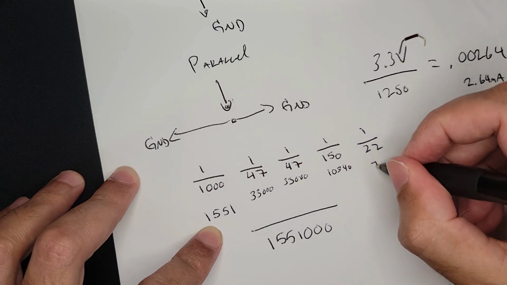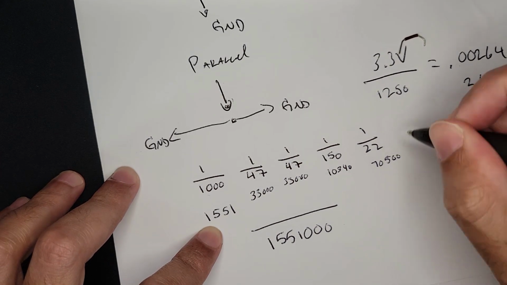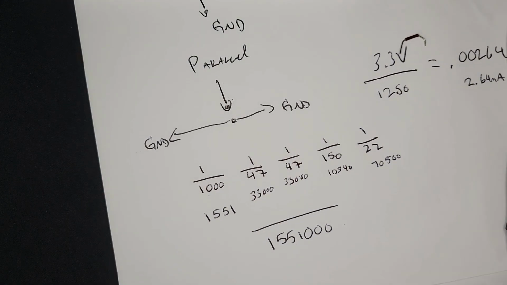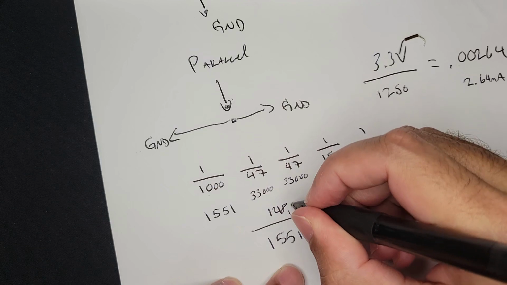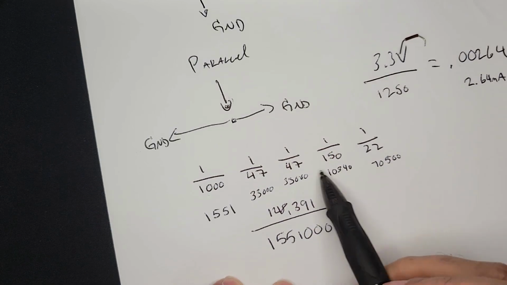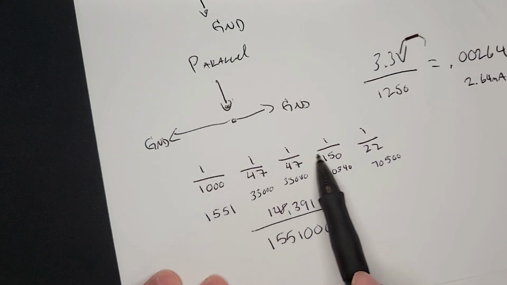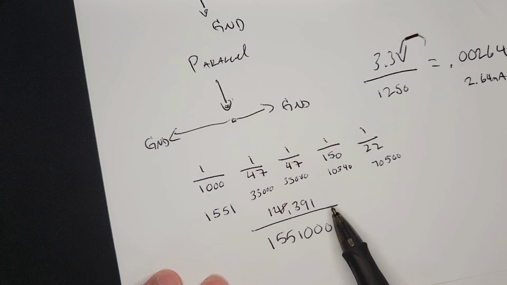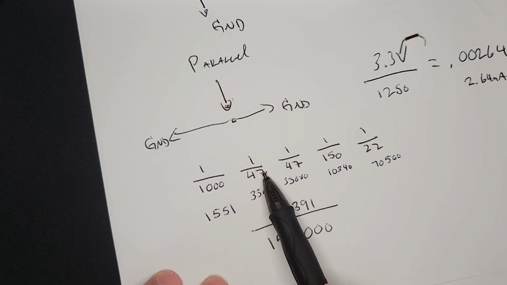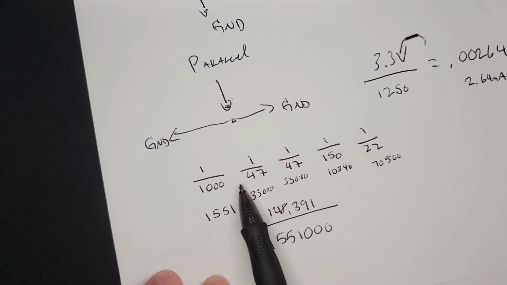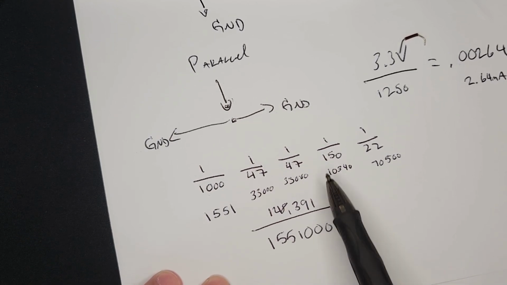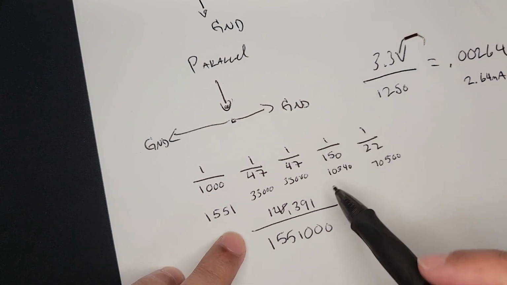And this one becomes 7,500. So if I add those all up, we get 148,391. This makes it look really complicated, but all we're doing is adding fractions together. This is just, unfortunately, the process to find the common denominator so we can add it up. It's simple math, like 4th grade math, but it's just big numbers because these are all really odd numbers.